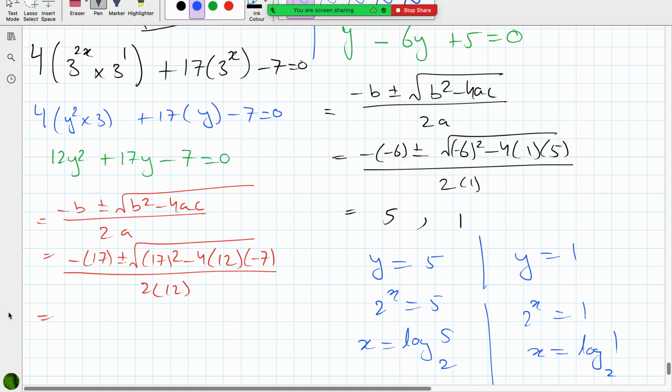Okay. Is anyone using calculator alongside? Okay.